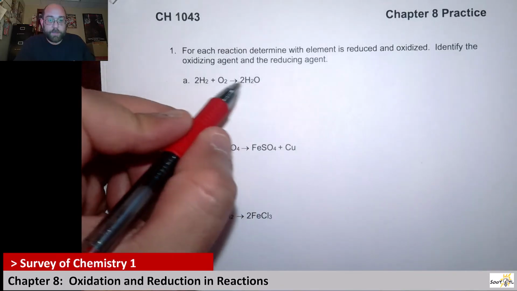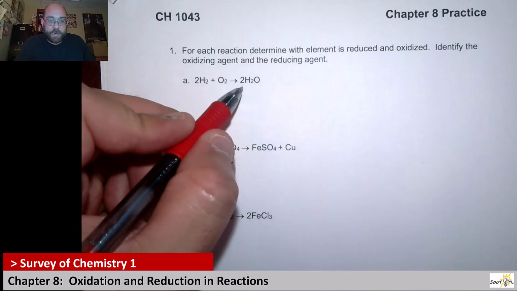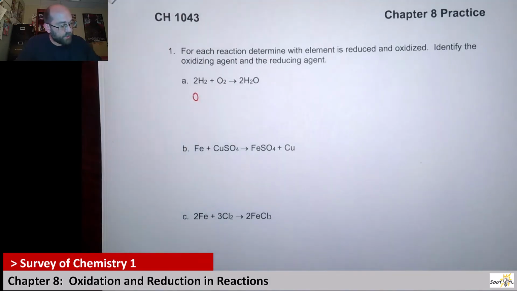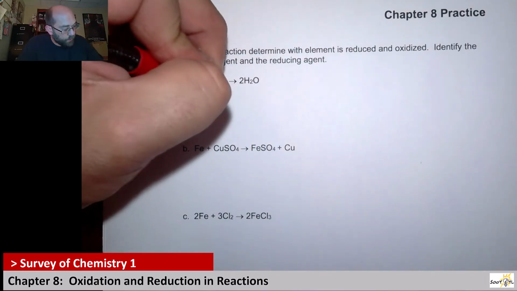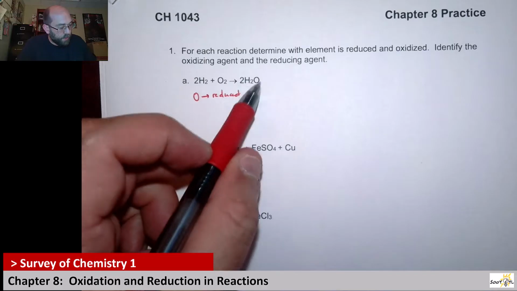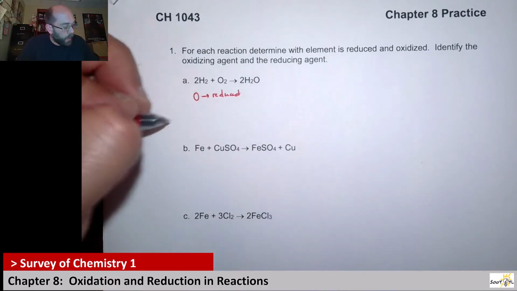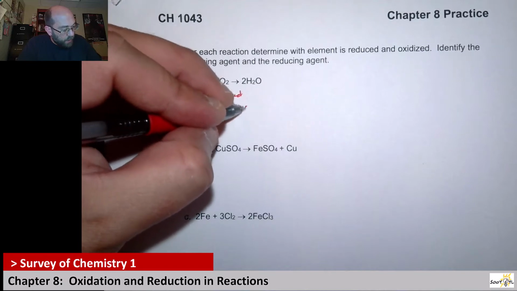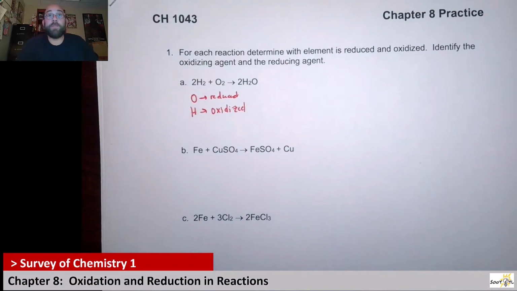If you notice, oxygen gained hydrogens. So in this case, we would expect that oxygen is the element that was reduced. Vice versa, hydrogen gained oxygen. So hydrogen was oxidized.